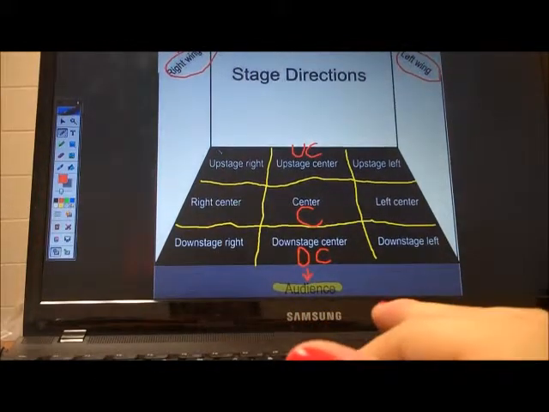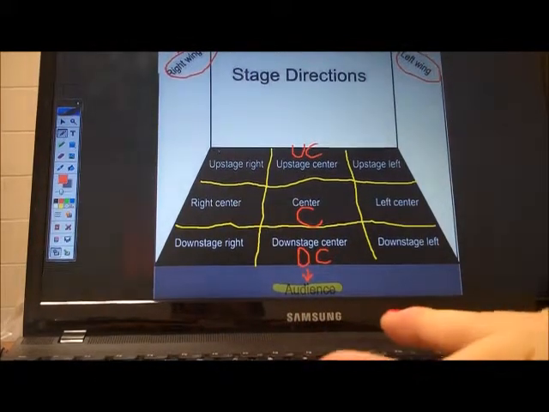We can go over to the right side. So we always start with the first word.